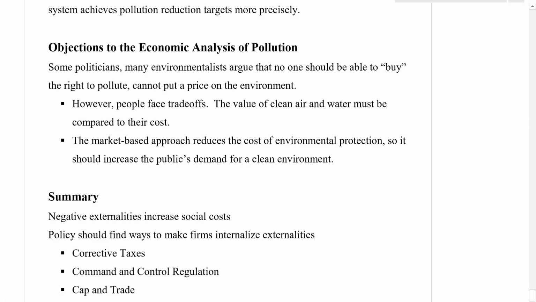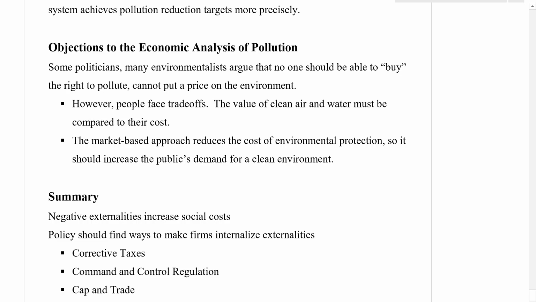Okay, and then last thing, some people may argue that no one should be able to buy the right to pollute, or you can't put a price on the environment. But in practicality and in the way that the world works, if we don't put a value on something, if you can't measure something, it's hard to conduct policy that's going to improve it.